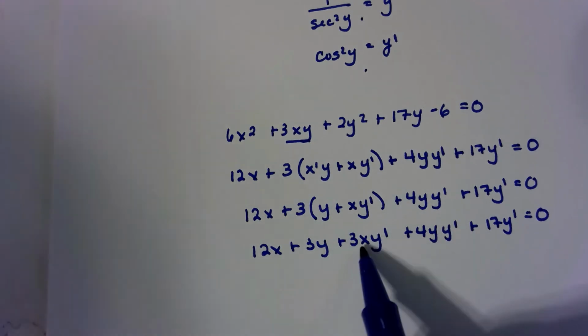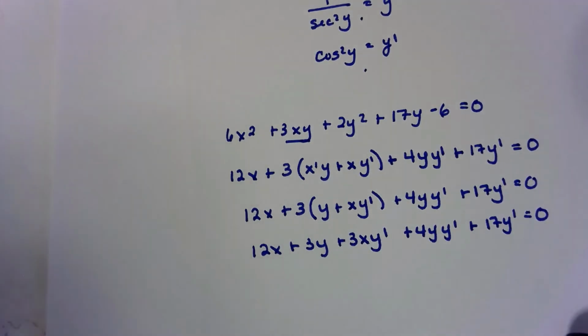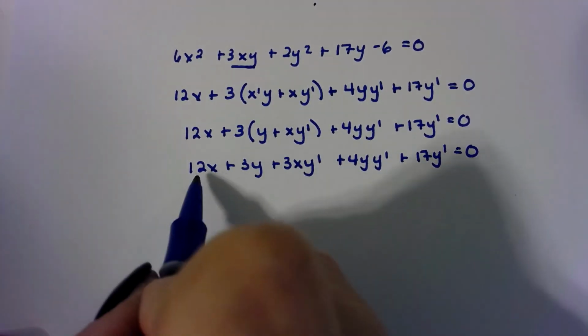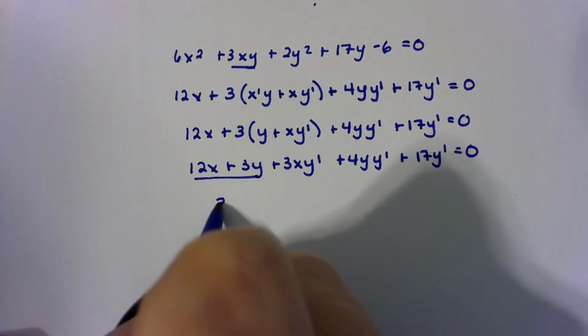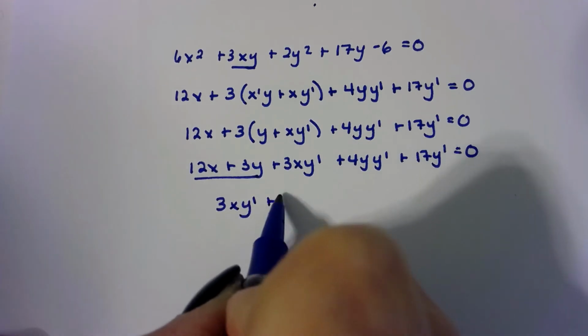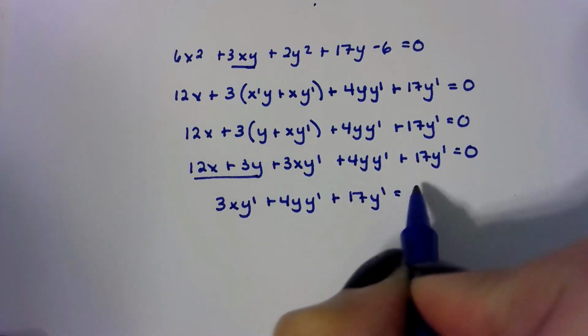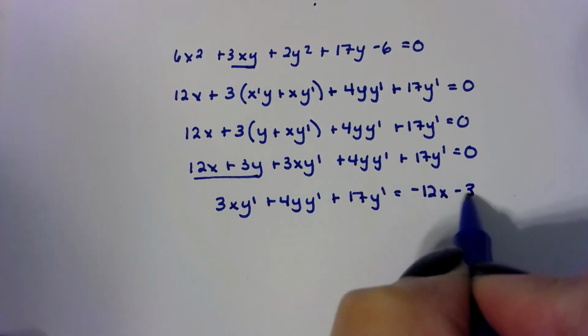Alright, so now I've got all my y primes on one side of the equation, and all I'm going to do is move the other pieces. I'm going to move these two over by subtraction. So I've got 3xy prime plus 4y prime plus 17y prime is equal to negative 12x minus 3y.